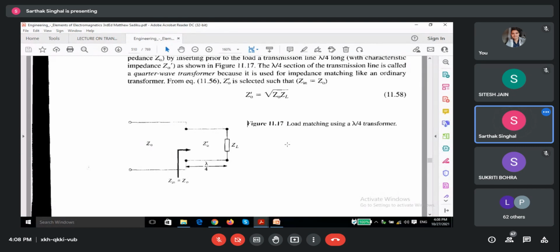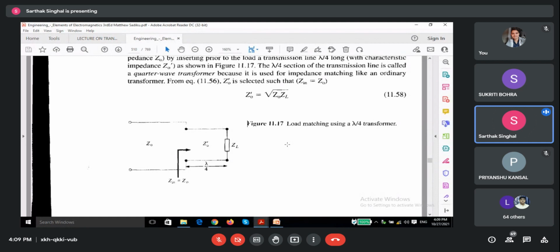Okay. And another problem is the length of that quarter wave transformer section, which is lambda by 4. So the lambda corresponds to a particular frequency only, right? As soon as your frequency changes, the same section might work as a lambda by 2 section or a lambda by 8 section for another frequency signal, right?